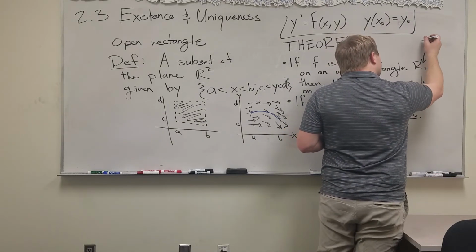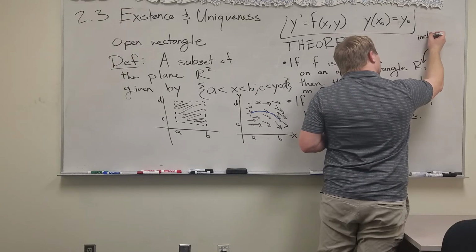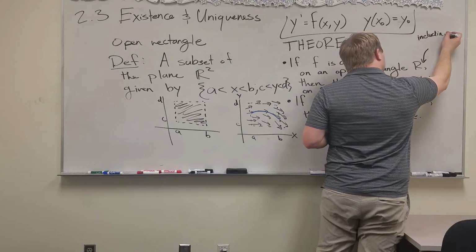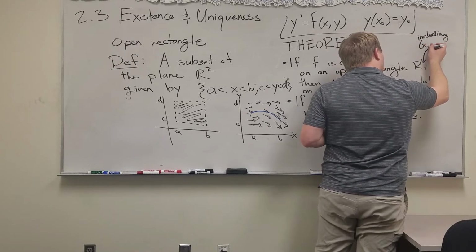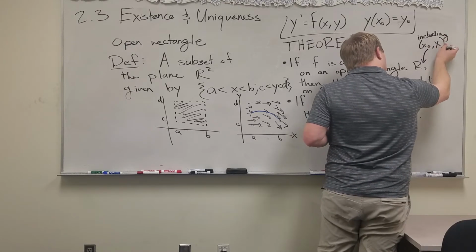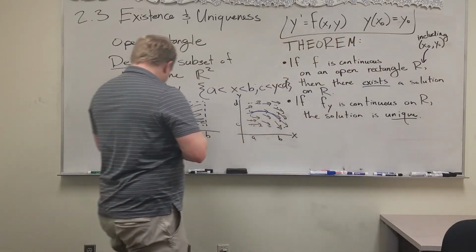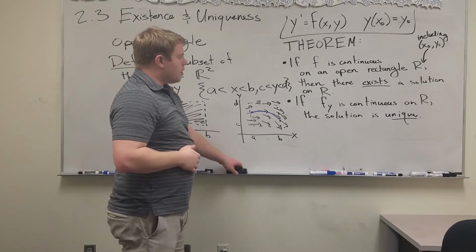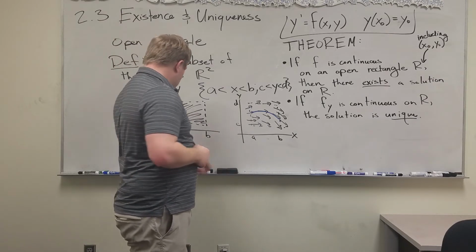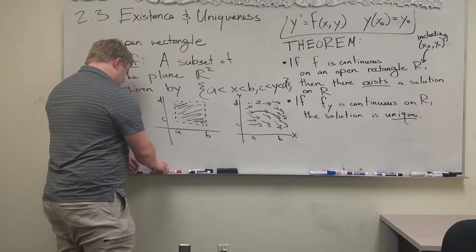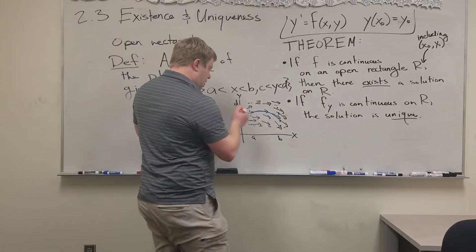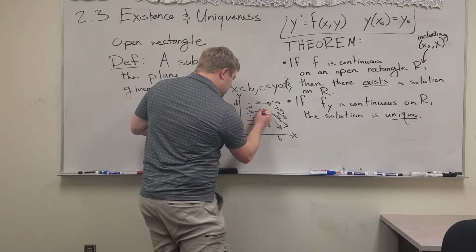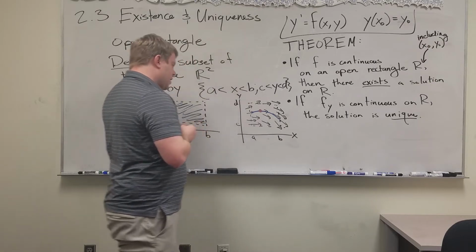This open rectangle needs to include the point where we have our initial condition. So let's say on this diagram that my initial condition is right here.